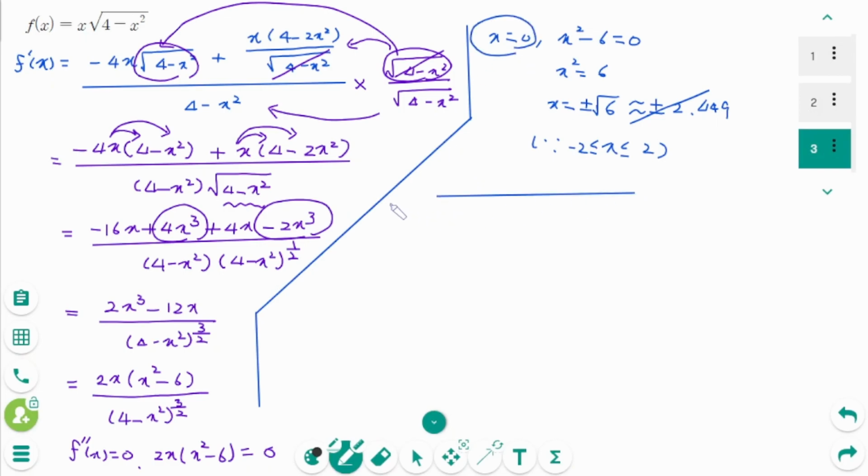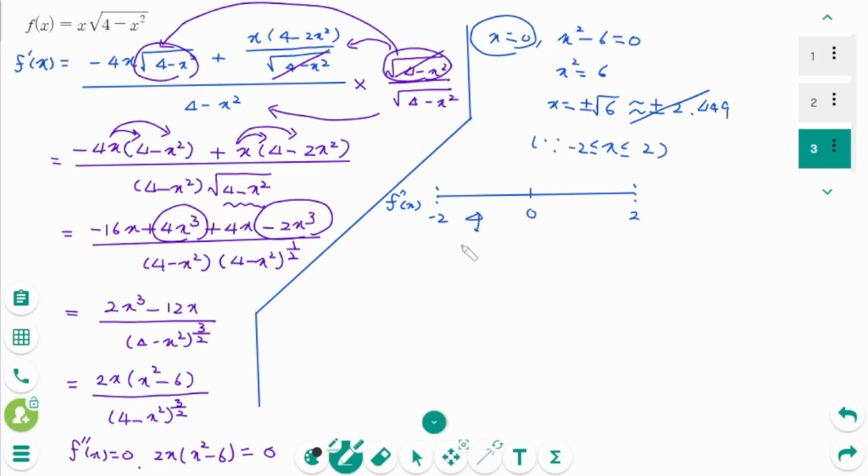The number line of f double prime of x. The domain is from minus 2 to 2, but f prime of x does not exist at x equals plus or minus 2. So does f double prime of x. Then minus 2 and 2 is a broken line, 0.